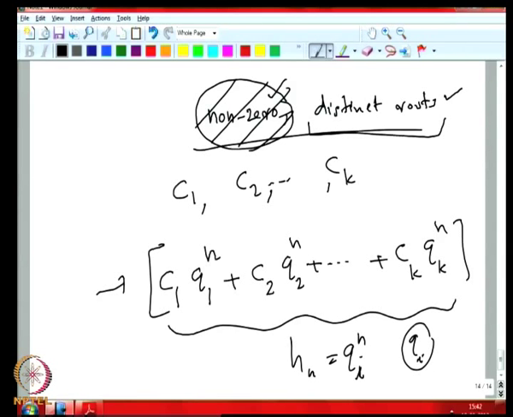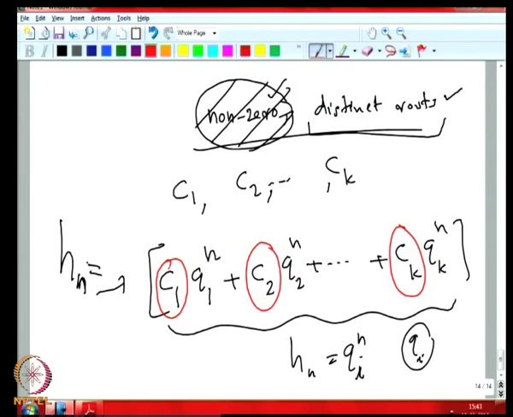Now we have also seen that we can combine it this way, and this is also a solution, because if I substitute Hn equal to this in that recurrence relation, it will be satisfied. The good thing here is that we have these coefficients C1, C2, Ck, and as of now they can be any constants.